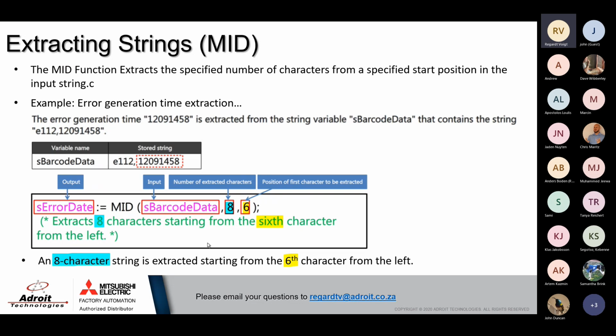So in this case, we would start at ASCII character number 6, because this comma takes a character as well. And we want to read these 8 values, ASCII characters, and store them into the date variable. We will use this syntax here with the MID instruction. So that's just an example of how to manipulate string data with barcode scanners or any string data with structured text.